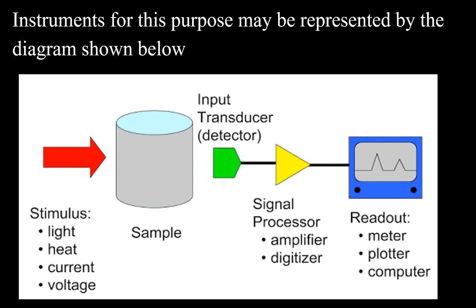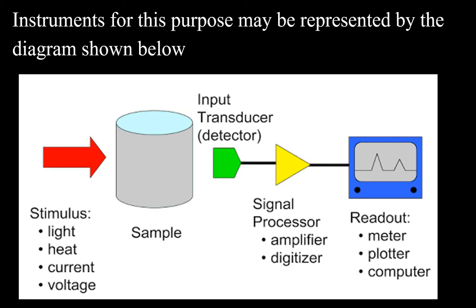Here, the instrument used for this purpose may be represented by the diagram shown below, a diagram of an analytical instrument, where a stimulus from the source such as light, heat, current or voltage passes through the sample, and the resulting input is detected with the help of the detector.